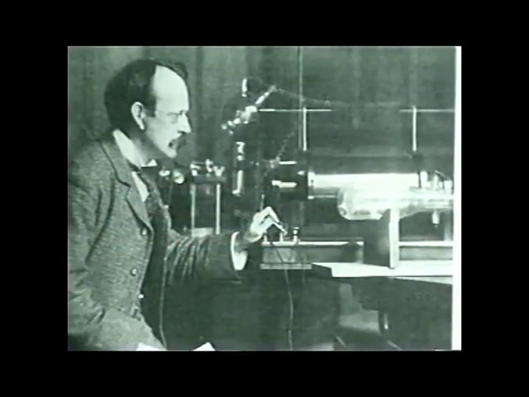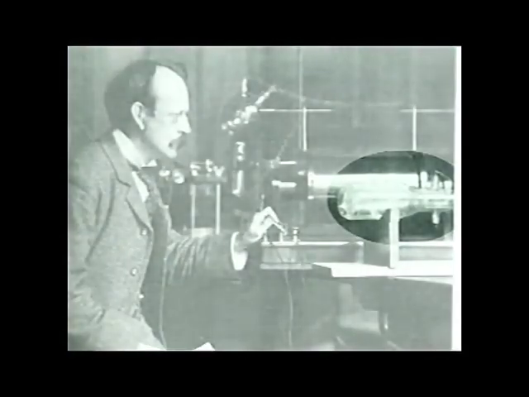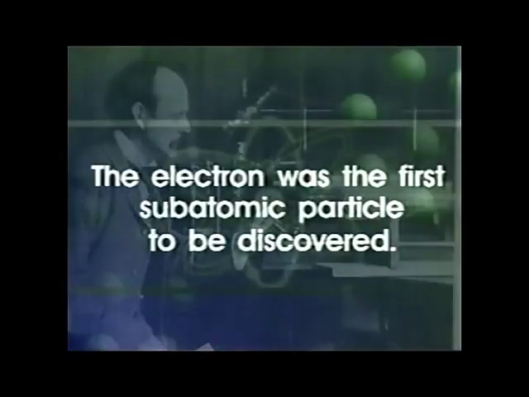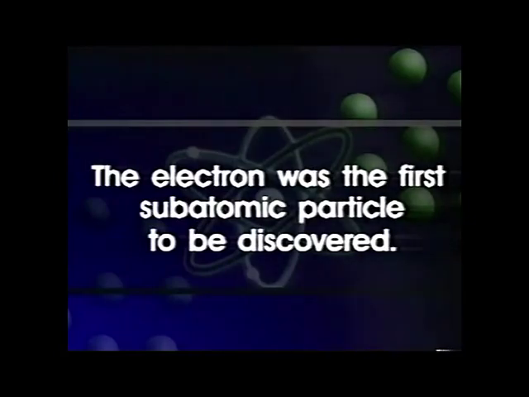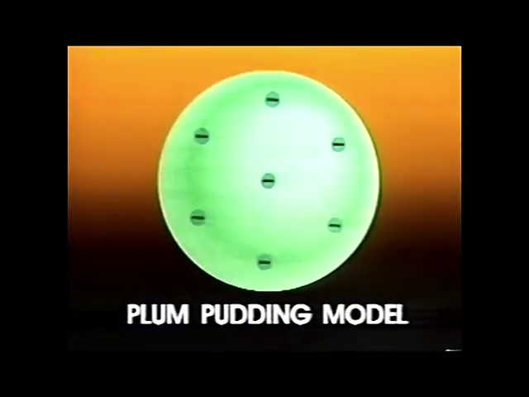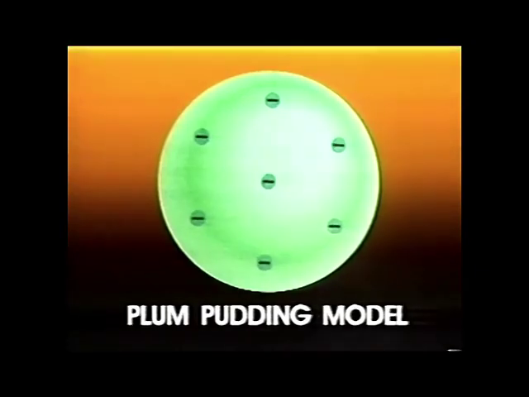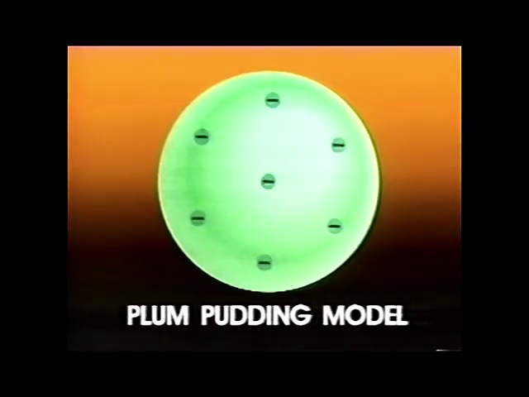In 1897, J.J. Thomson, through experiments with cathode ray tubes, showed that electrons were produced from all the electrodes he studied. He concluded that they were a fundamental constituent of matter. In 1904, Thomson proposed the plum pudding model of the atom. The Thomson atom is a uniform mass of positive charge in which electrons, or small negative charges, are scattered.